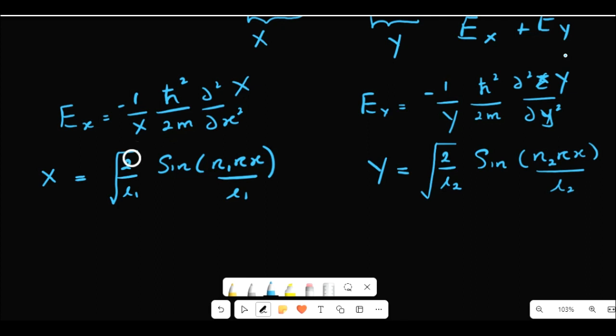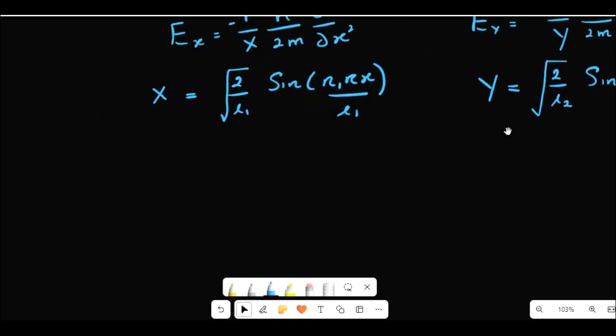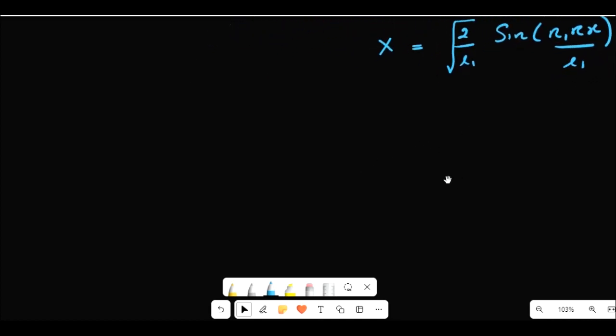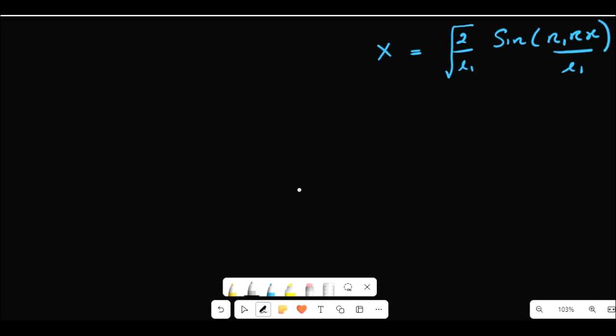Now I'm going to do the simplification based on this one, right? Let's first take the x component. Okay, so here I'm going to do the derivation. This is our expression, 1 over x times minus h bar squared over 2m times double derivative over double x squared of x.